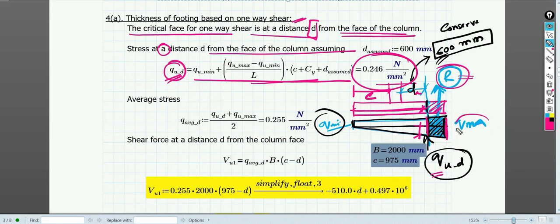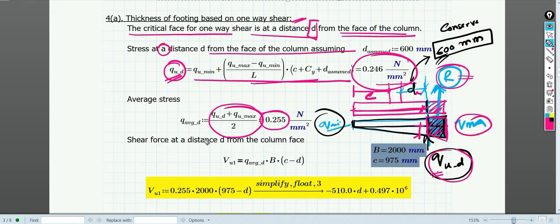Here you get the maximum stress and we have a QUD value. So if I want to find the total R, either you can find out the area, or we can find out the average and multiply with the distance, right? So find out the average between these two, that is QUD plus QU max, and it will be 0.255 Newton per mm square.